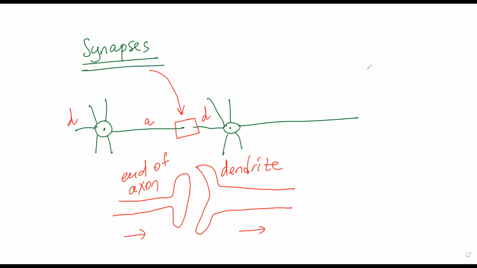When the impulse comes to the end of the axon, these parts are known as axon terminals, guys. Inside the axon terminals, we have vesicles. Maybe you heard about it.